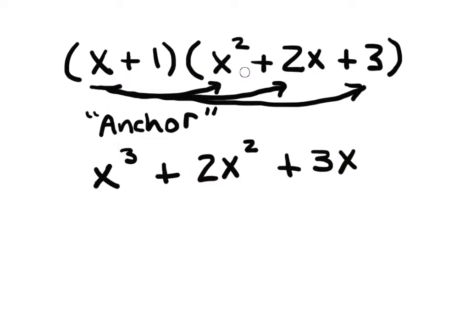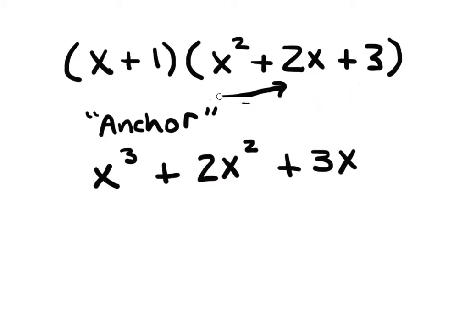So now that I've multiplied everything in this polynomial by this x, I can get rid of these arrows by erasing them. What I'm going to do next is move on to the next term, this plus 1 over here. So let me get rid of all this, and let's multiply everything over here by the right side, by this 1.